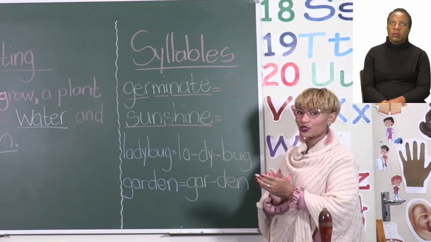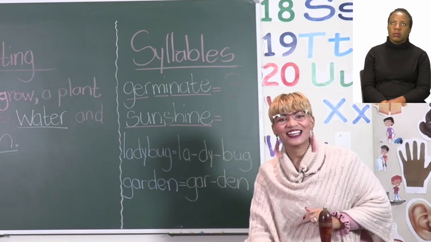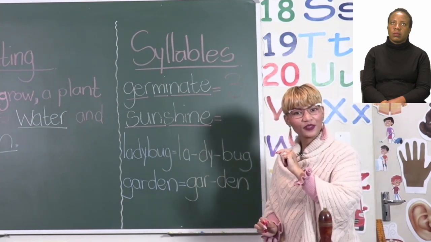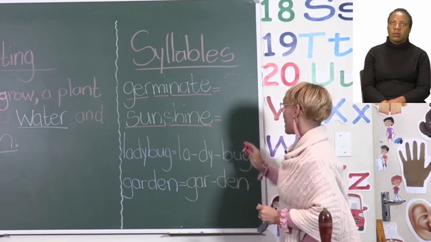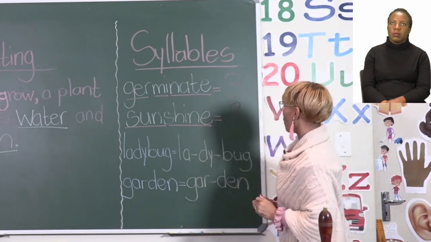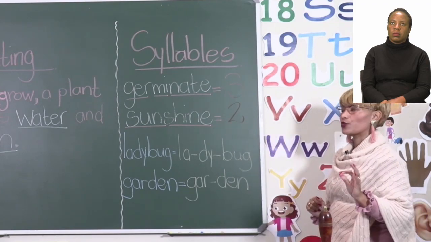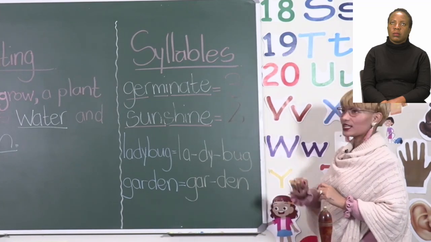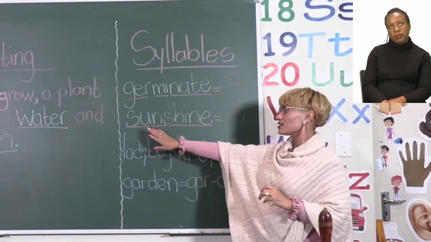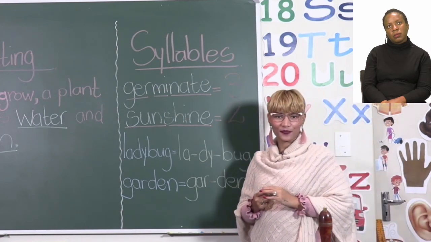How many syllables do we have there? Excellent. We have 2 syllables because we clapped 2 times. So we write 2 in here. So for the word germinate, we have 3 syllables. And for the word sunshine, we have 2 syllables.